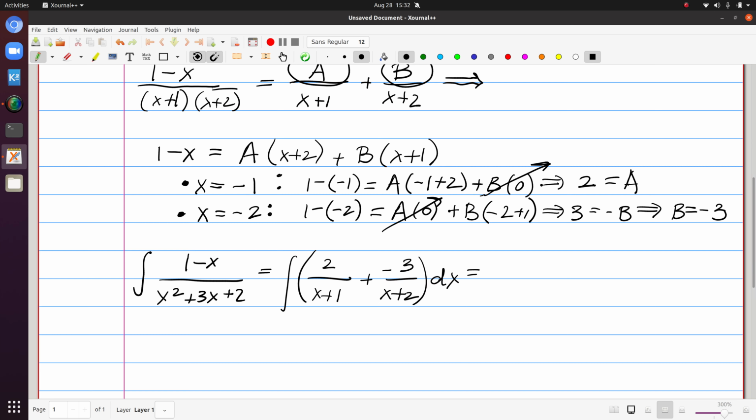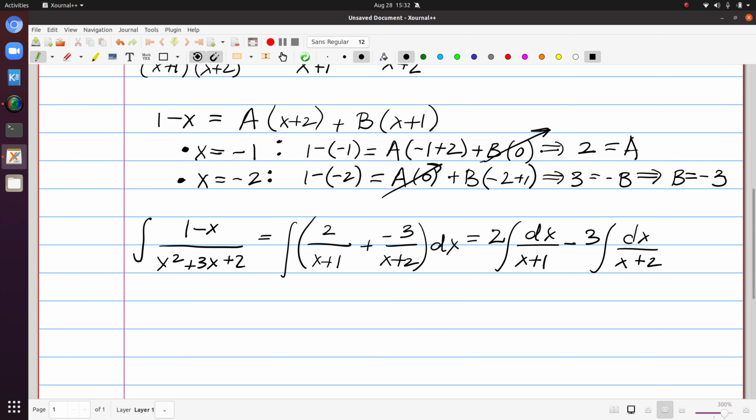And often in examples I'll skip to this next step: this is the same thing as twice the integral of 1 over x plus 1 minus 3 times the integral of 1 over x plus 2. And so finally, I want to evaluate these integrals.